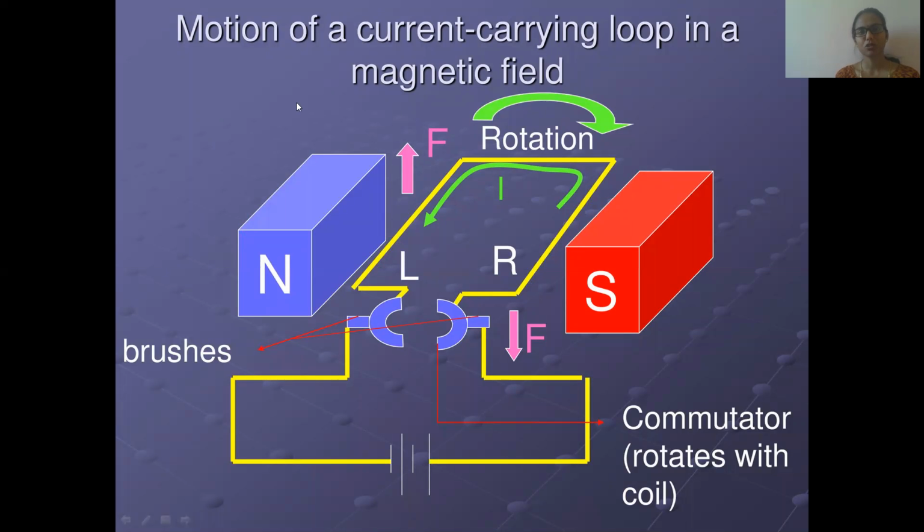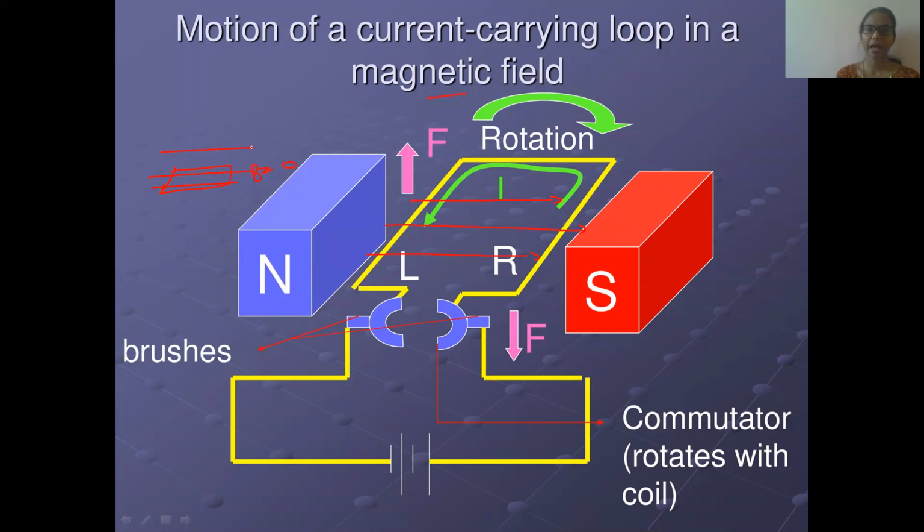You'll see here the motion of a current carrying conductor in a magnetic field, how it will work. See, children, in this way the field lines are passing. When the coil is horizontal, along the direction of the field lines, no magnetic force will act on it, it is zero.